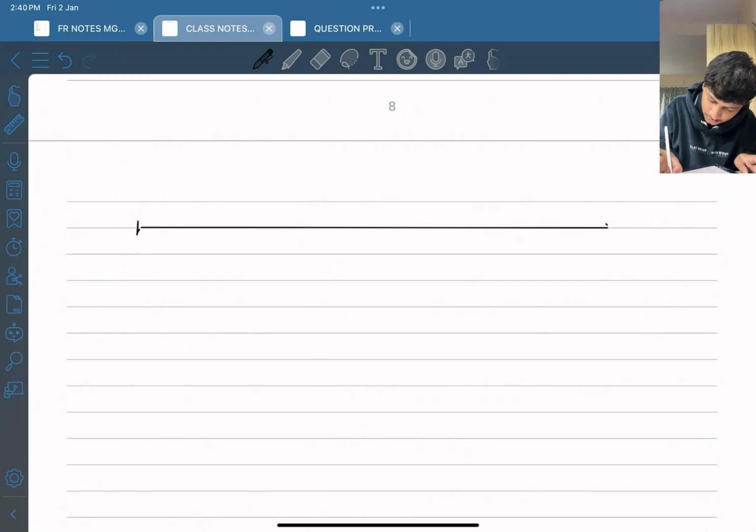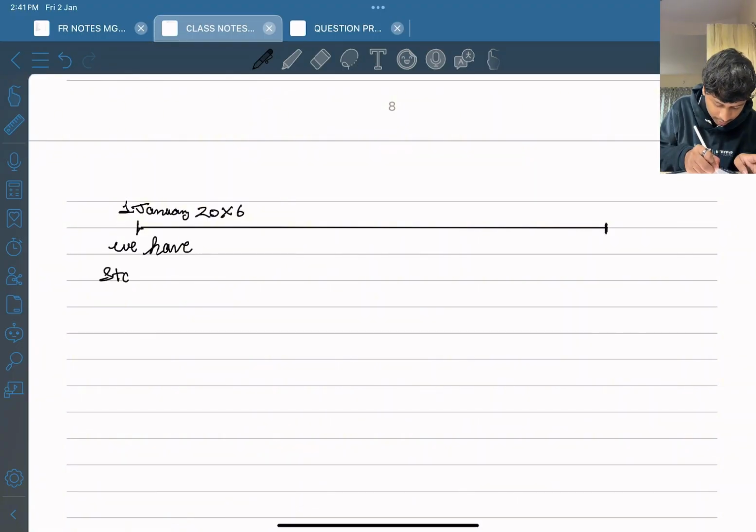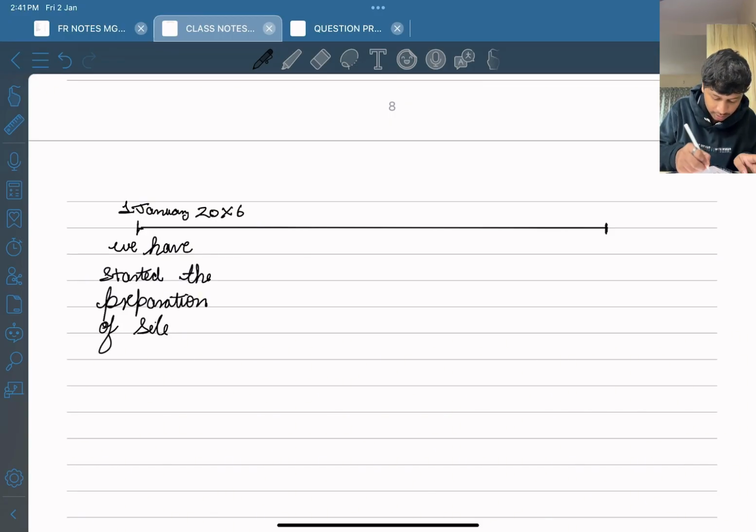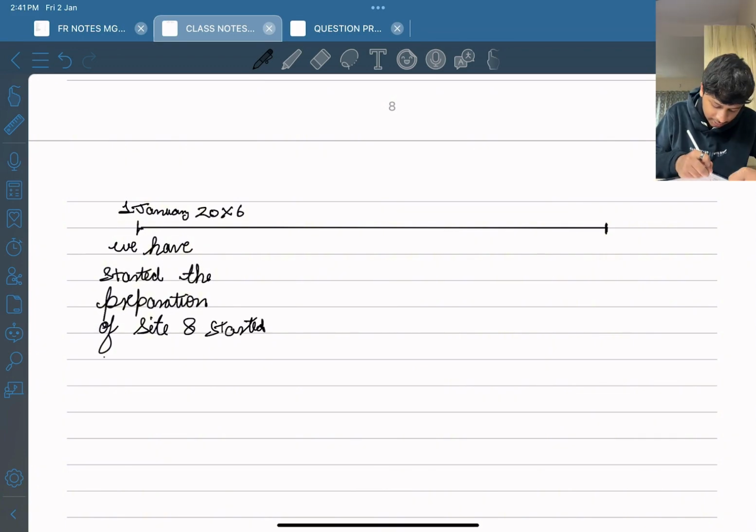Okay. One more example. On 1st January 20x6, we have started the preparation of the site and started incurring expenses.